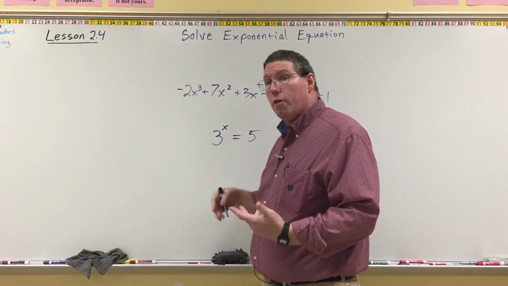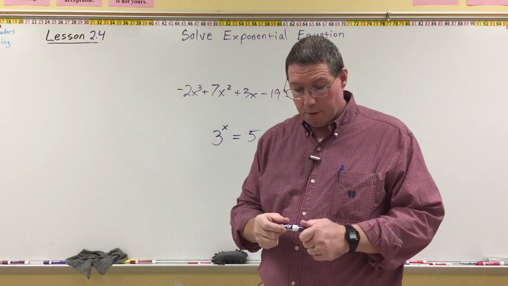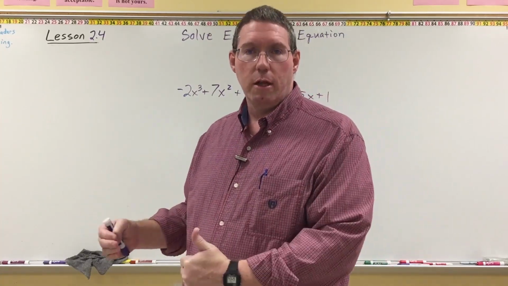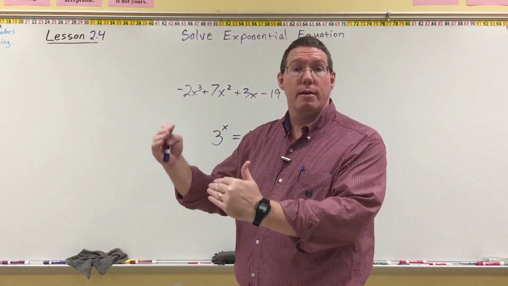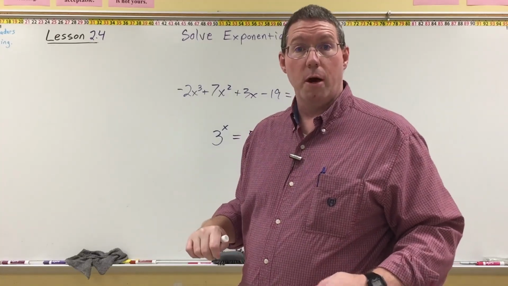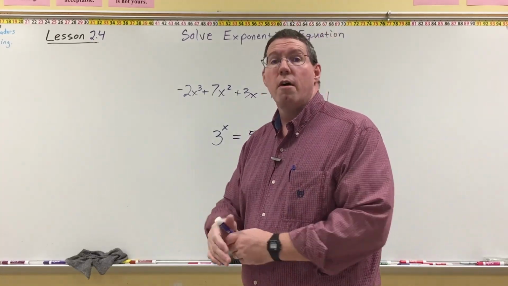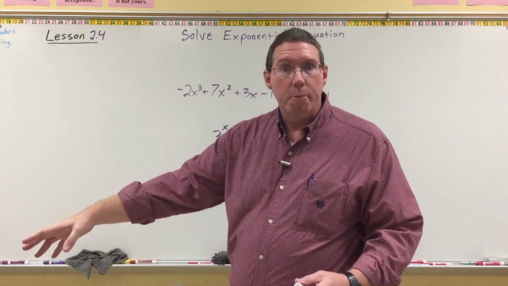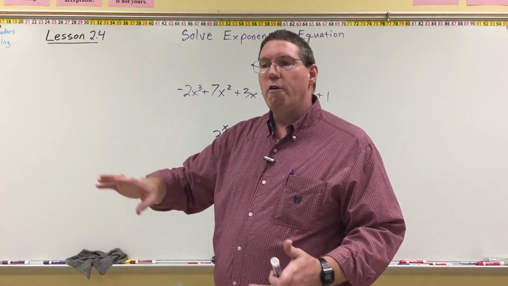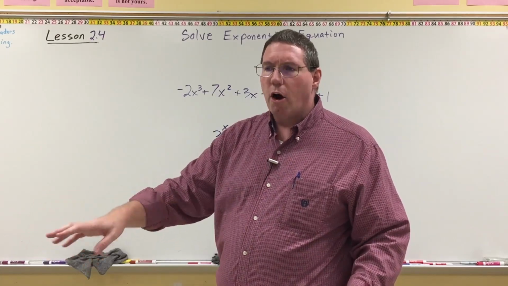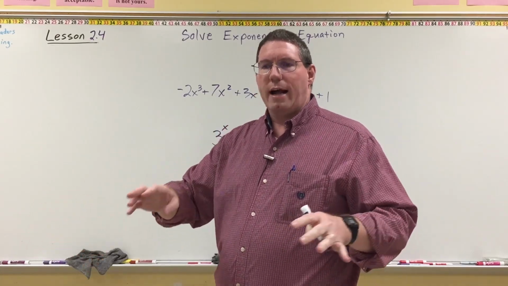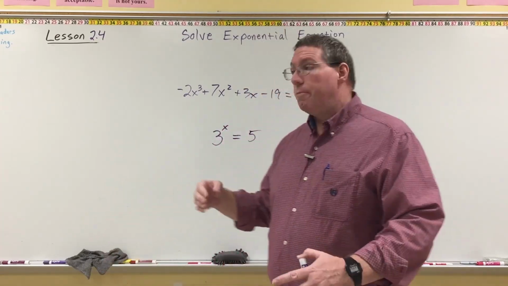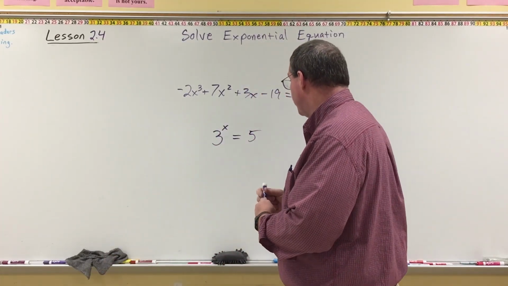And because they don't follow the normal rules of polynomial algebra, sometimes we call them transcendental, meaning they transcend the normal rules of algebra. We need other rules from outside of, well, not outside of algebra, but outside of polynomial algebra. We need to find rules that are not our usual add, subtract, multiply, divide terms to be able to deal with this equation, okay?